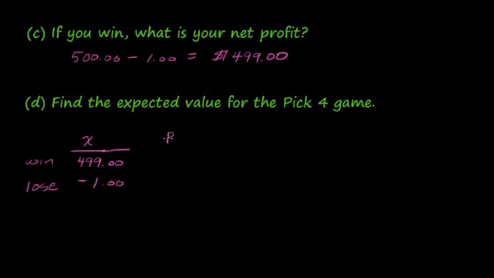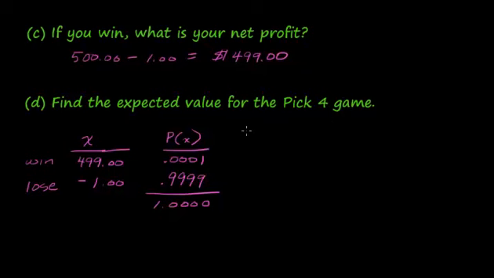Okay, the probability that we win, we said, was 0.0001. And then therefore the probability that we lose is the complement of that, 0.9999, because the sum of the probabilities in our sample space has to be equal to 1. And these are the only two possible outcomes when you play the Pick 4 game.